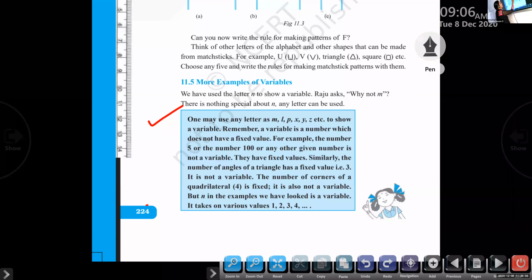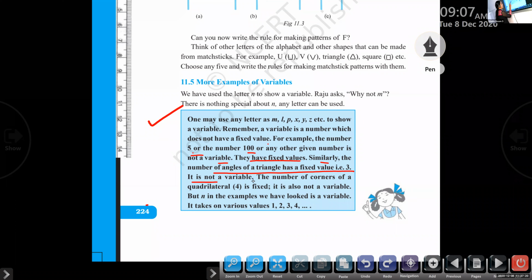Remember, a variable is a number which does not have a fixed value. Clear? For example, the number 5 or the number 100 or any other given number is not a variable. They have fixed values. Similarly, the number of angles of a triangle has a fixed value, that is 3.